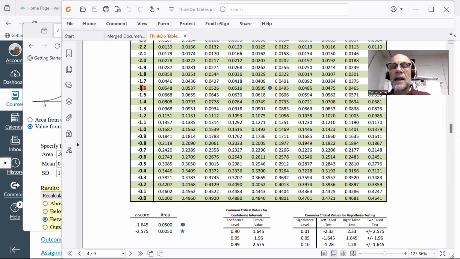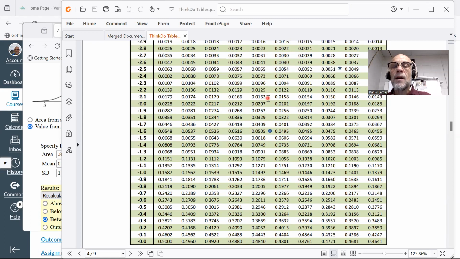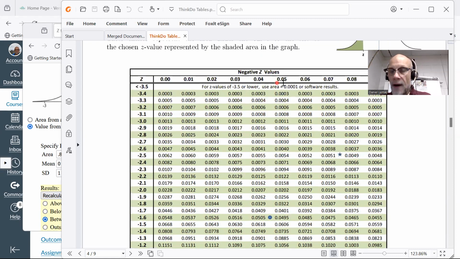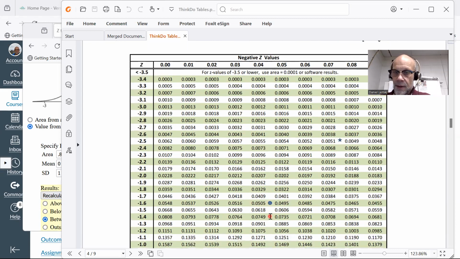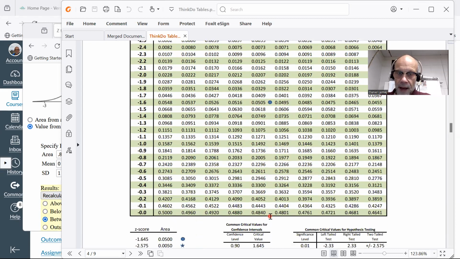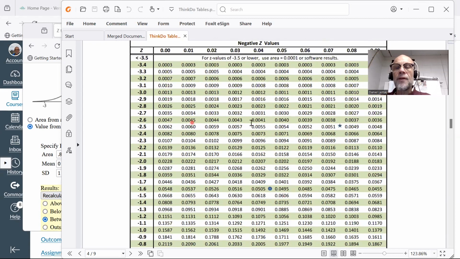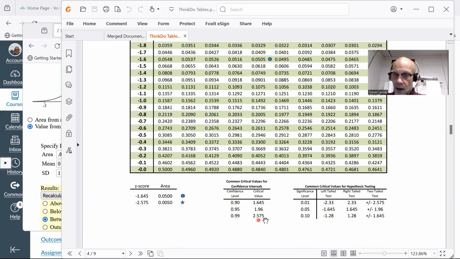So that's why it's negative 1.645. So in that case, it's going to be right smack dab in the middle, as it always is. Okay. So hope that helps. You can do the same thing for that one. That's another. What is it? 2.575. Sure. So 2.575 is what they're using for a 99% confidence interval.